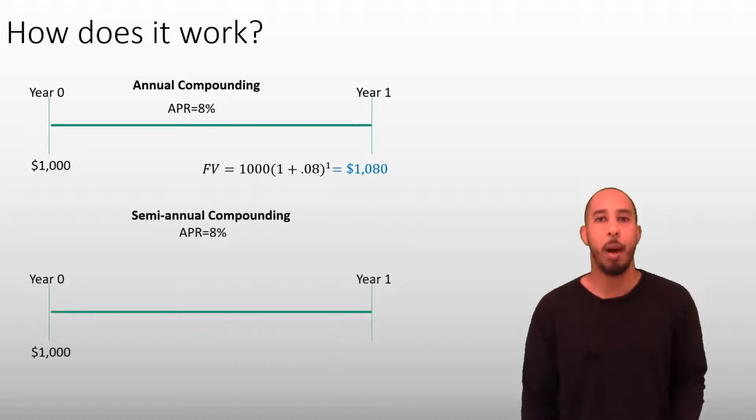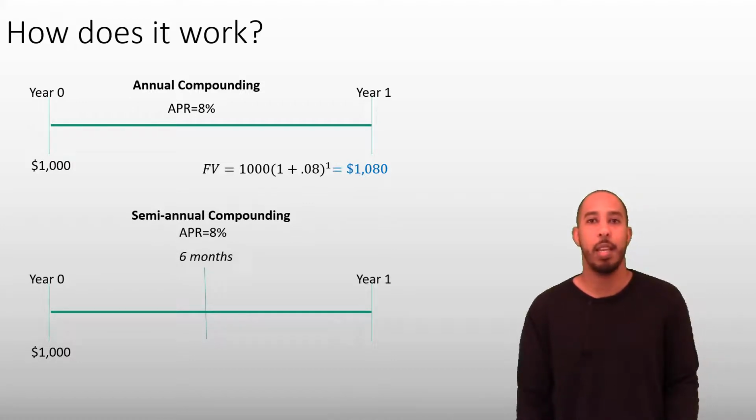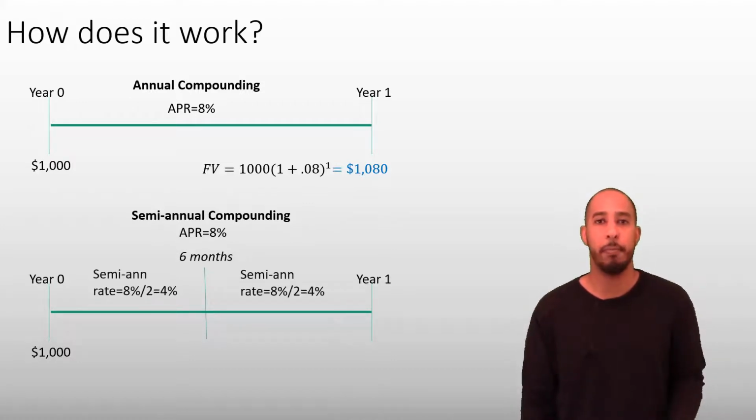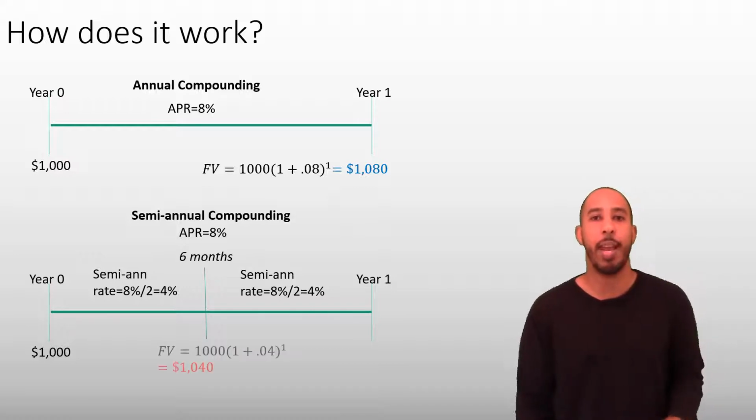Now let's do the same problem, but with semi-annual compounding. Semi-annual compounding means that we'll break the year up into 2 half-year pieces. And we're going to earn interest in each of them. That's 4% per semi-annual period. Now let's find out what we're going to have in the account after each of these semi-annual periods. After the first 6 months, we're going to get 4% interest on the investment, which gives us an interest payment of $40.